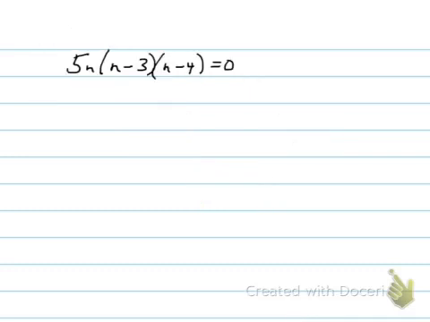Alright, here you have three factors. You have 5n, you have n minus 3, you have n minus 4. Well, one of those has to equal 0. It can be more than one, but it has to be at least one. You have to take each one and set it equal to 0 and solve.